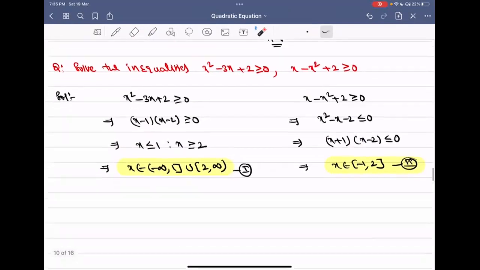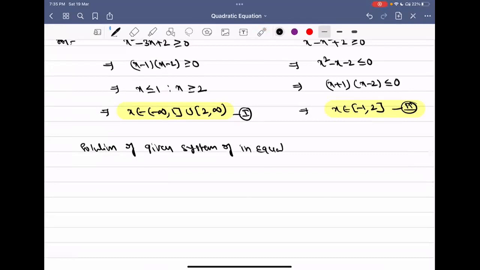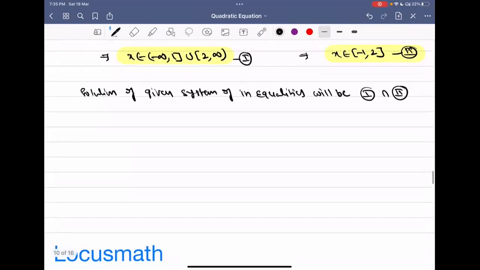Therefore the solution of the given system of inequalities means the values of x which satisfy the first inequation and the second inequation will be first one intersection second. So how to find first one intersection second one?